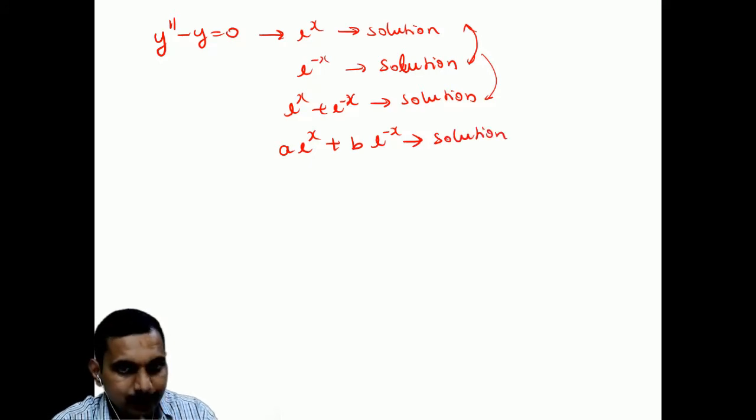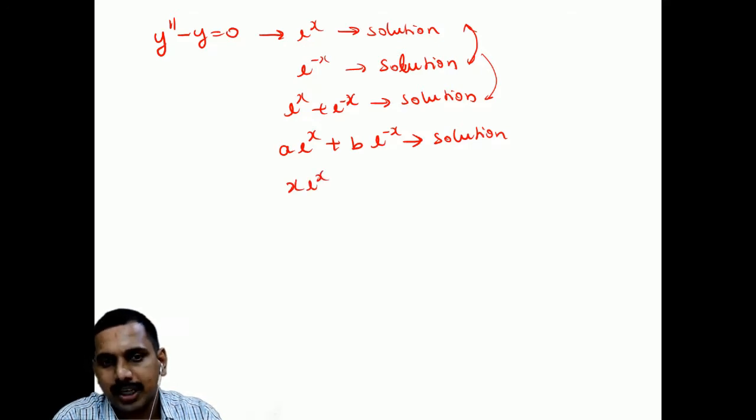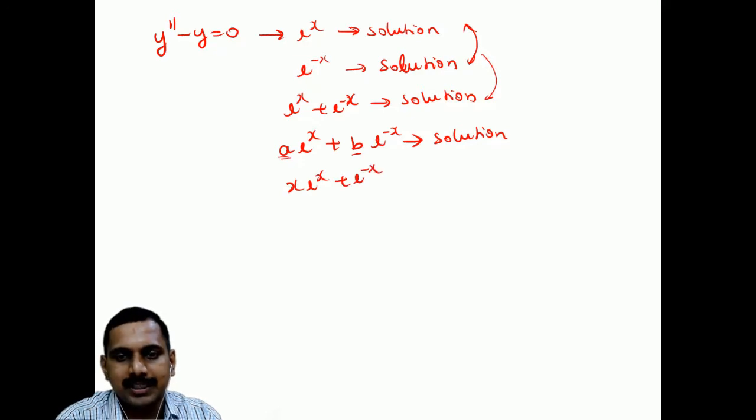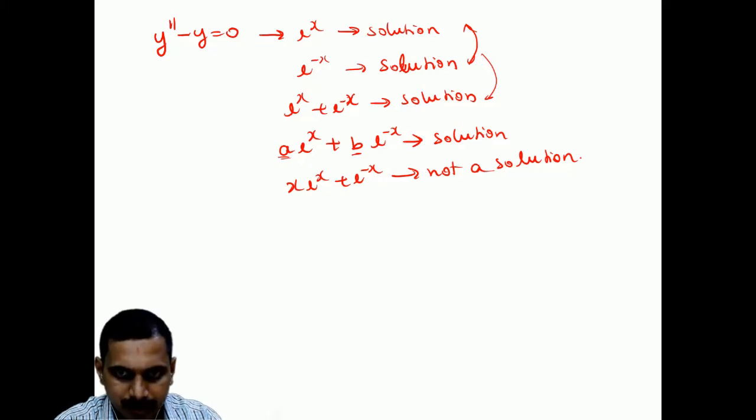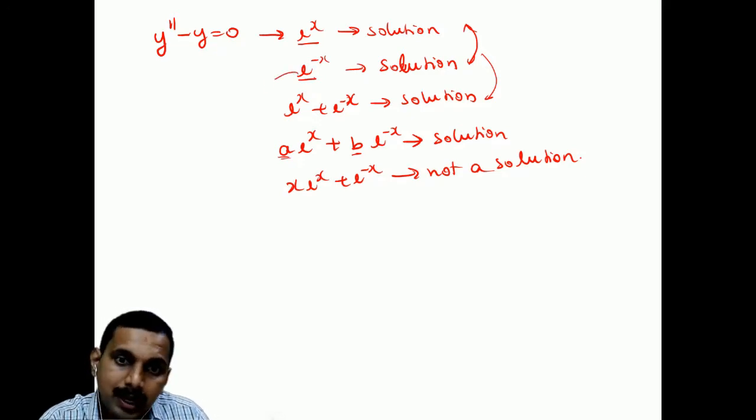Okay. Now, next what did we do? We said x into e power x, not a constant. a and b were constants here, x was not a constant, plus e power minus x. This was not a solution, correct? Now what is the point? See, these are the basic solutions. Now what is this?